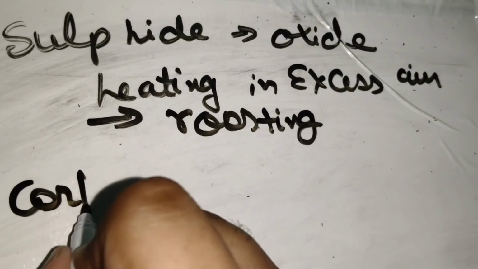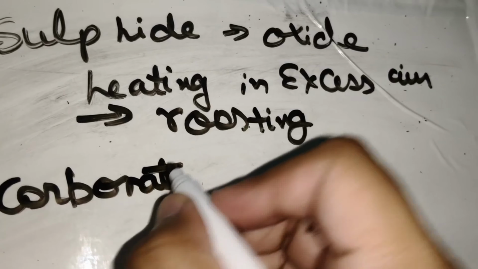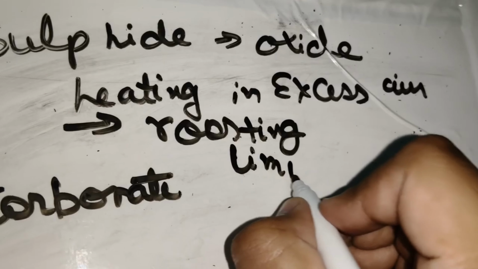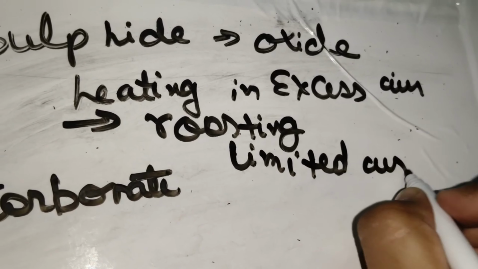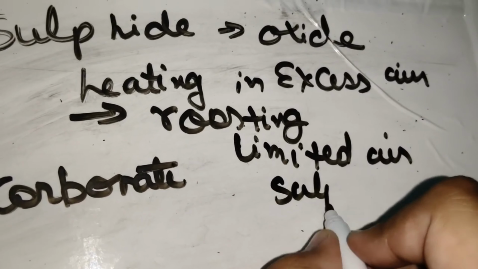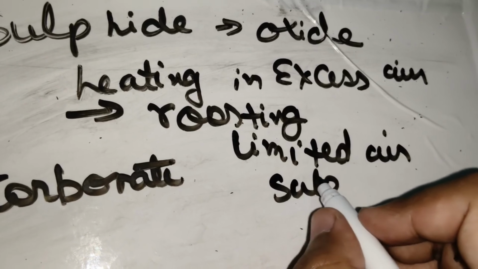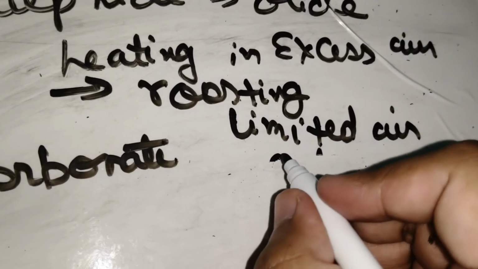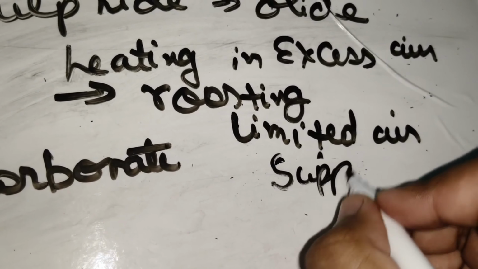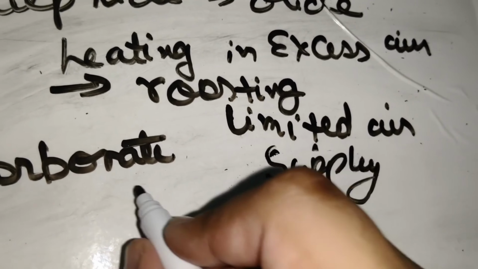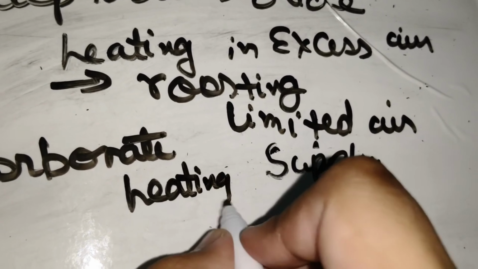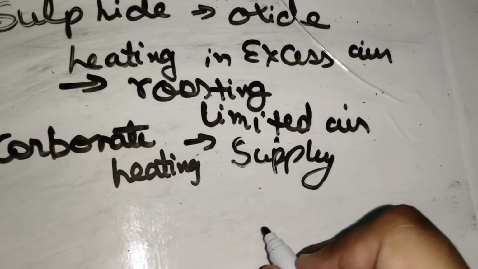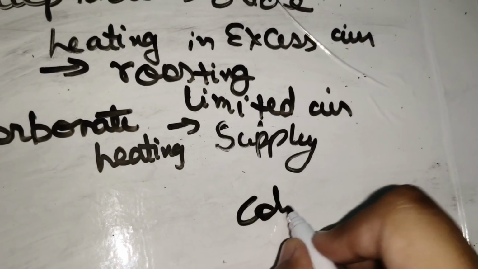And when carbonate is converted into oxide, this is basically done by heating in limited air supply, and this process is obviously known as calcination.